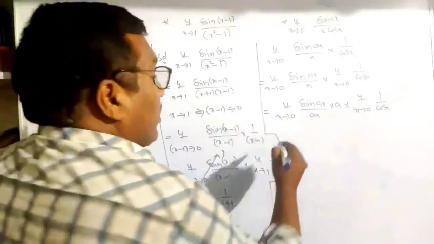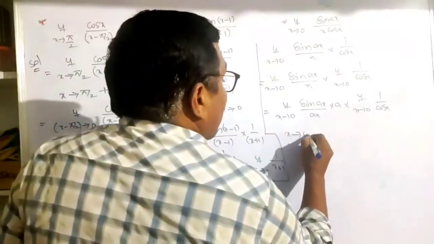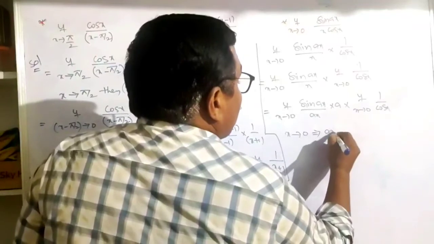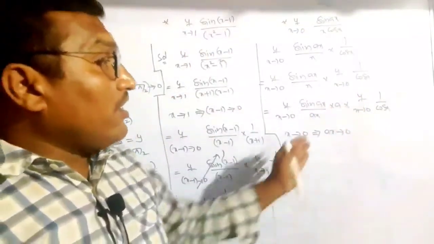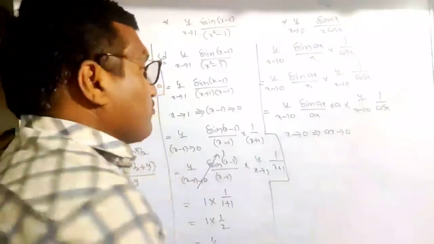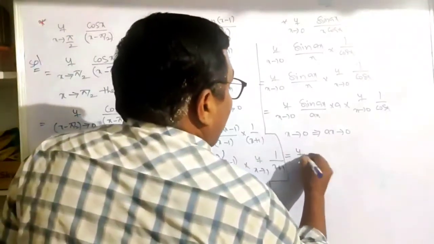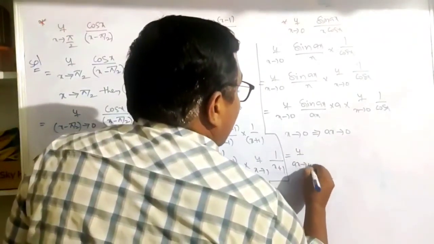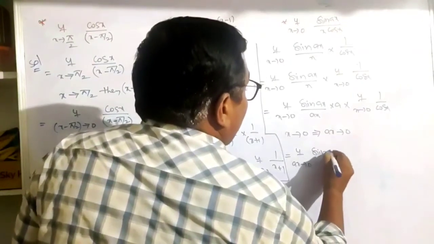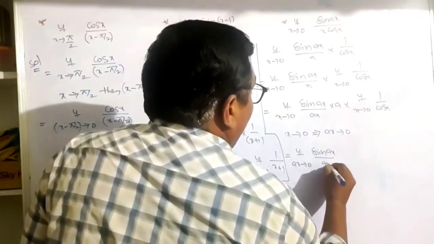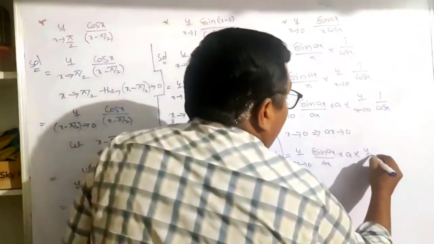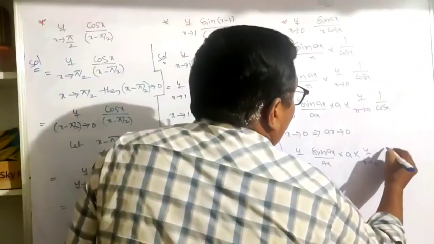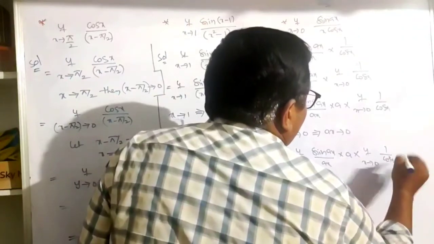When x tends to 0, then ax also tends to 0. That's why limit as ax tends to 0 of sin ax by ax into a into limit as x tends to 0 of 1 by cos x.